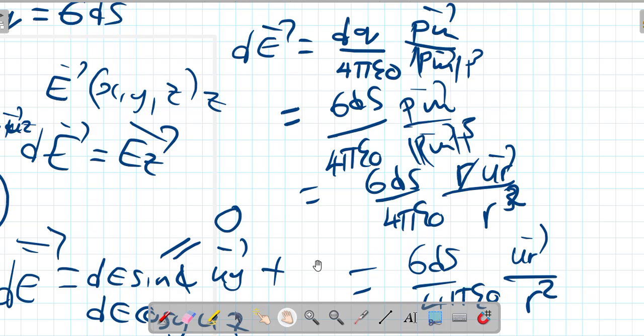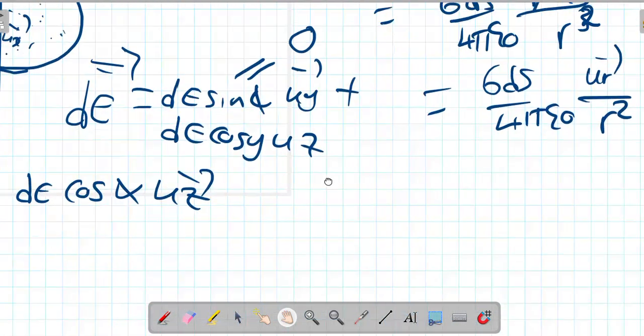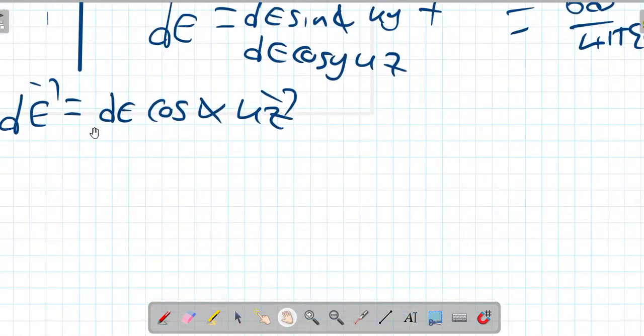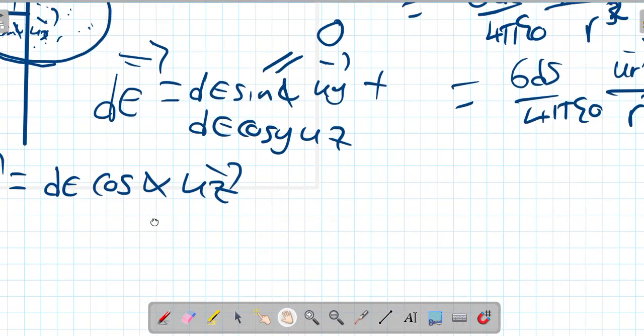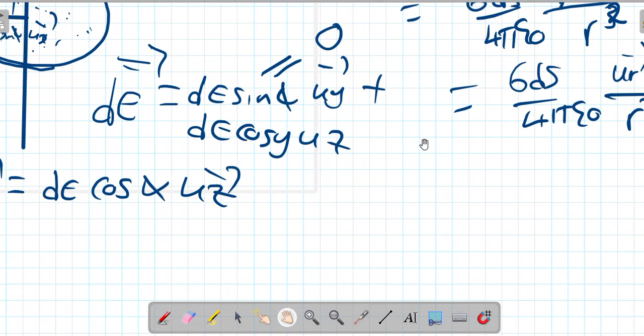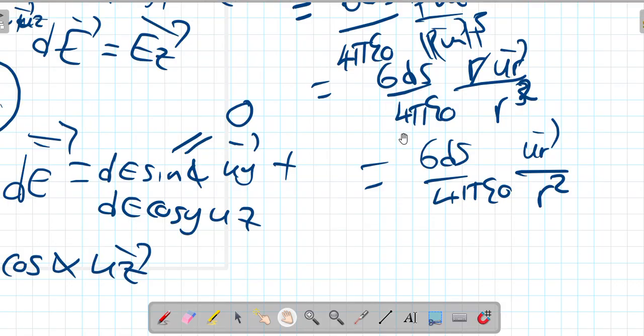Now the equation establishes that dE is the magnitude of this. A student asks: in calculation, do they give epsilon 0? No, your answer is always as a function of epsilon 0.